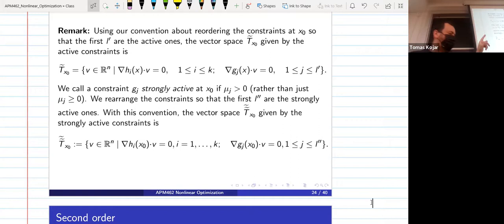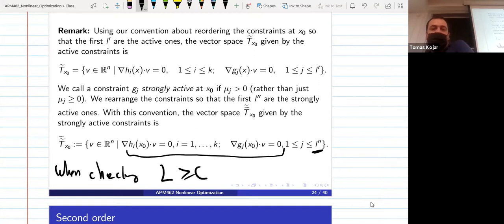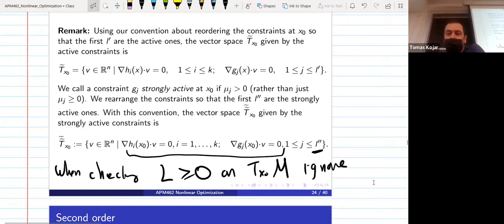Remember, when you check positive definiteness, you have to check it on the tangent vectors, which are all the ones normal to the gradients. What we're saying here is you can even ignore some of the active ones and only check on the strongly active ones. In other words, when checking that L is non-negative on Tx not M, ignore the following.